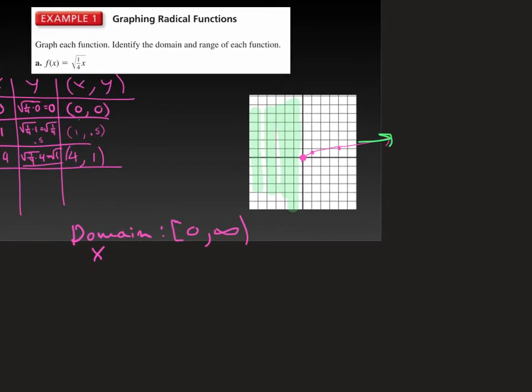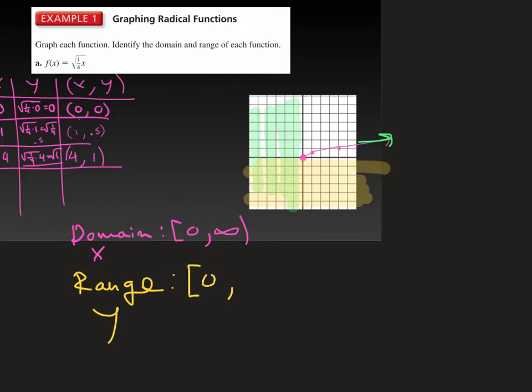And now let's look at our range. So our range is our y values. We start at the bottom, keep going up until we hit the graph. What's our smallest y value on our graph here? 0.